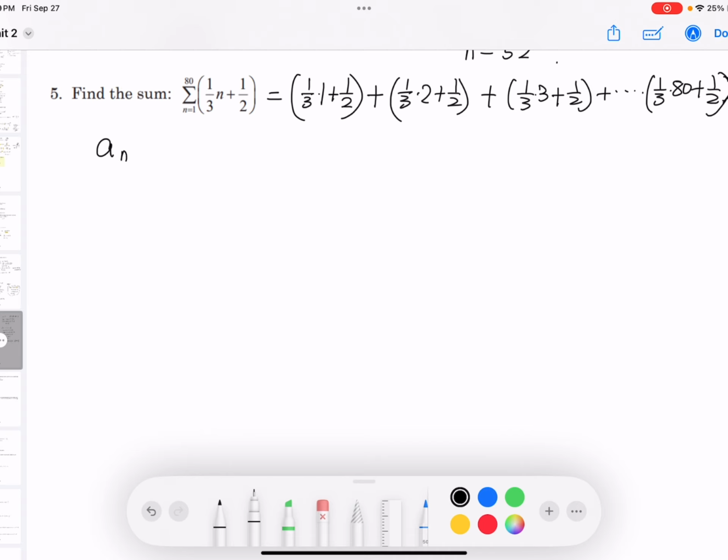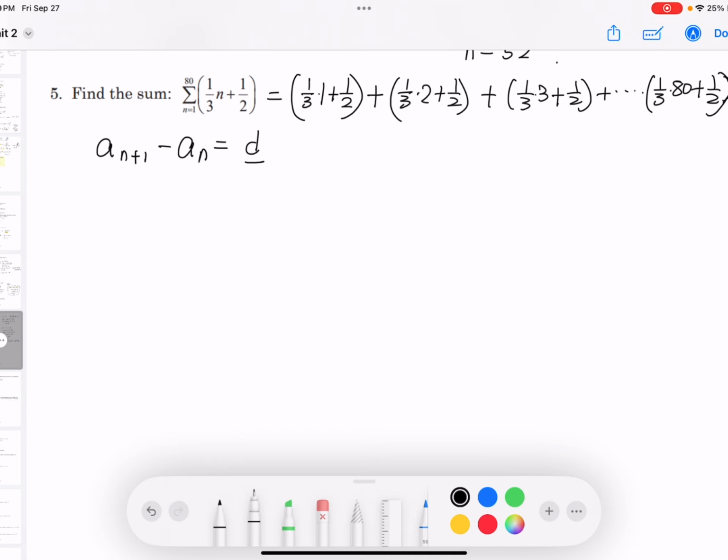If I have a random sequence, you just say a sub n plus 1 minus its previous term is equal to d, where d is a constant number. For example, 1, 2, 3, 4, or negative 1, 2, 3, 4. These are arithmetic sequences. I want to find what d is.